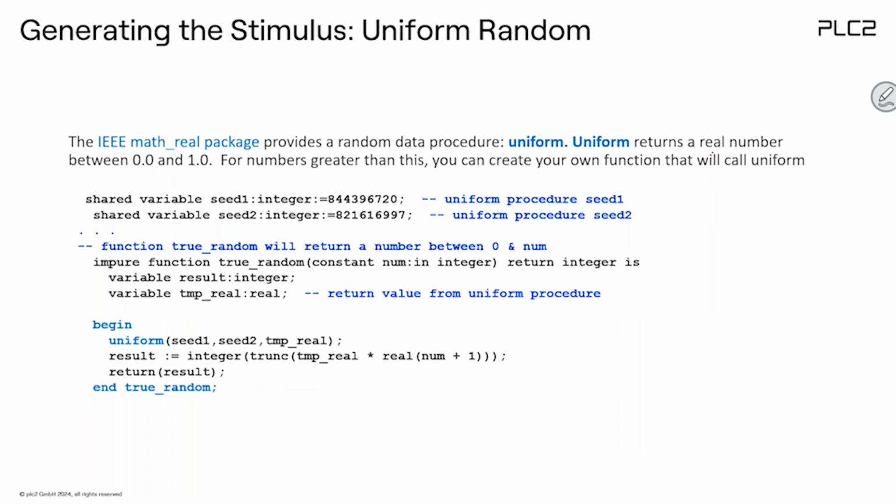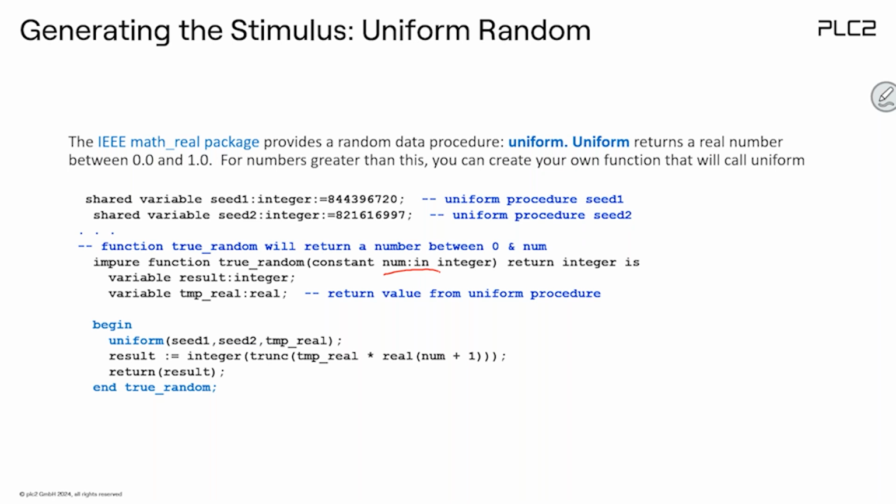What's actually the best we can do is the uniform random. We already know this function, we used it for the variable delay. In this case, we define a function true random with an input parameter integer, and then we call uniform.